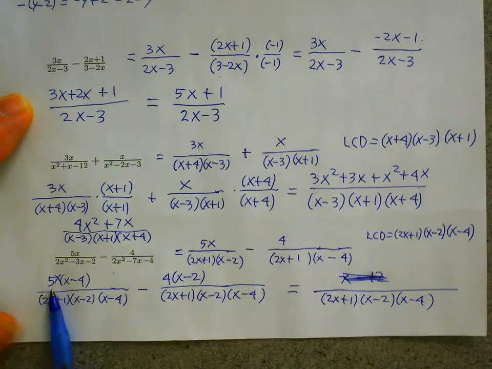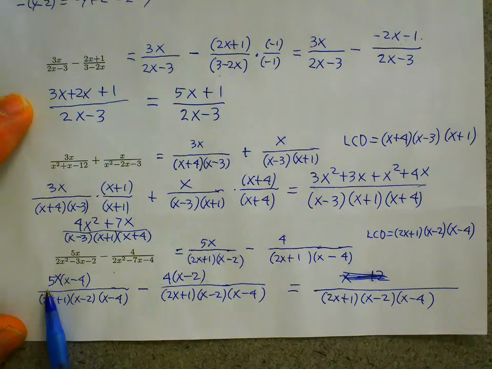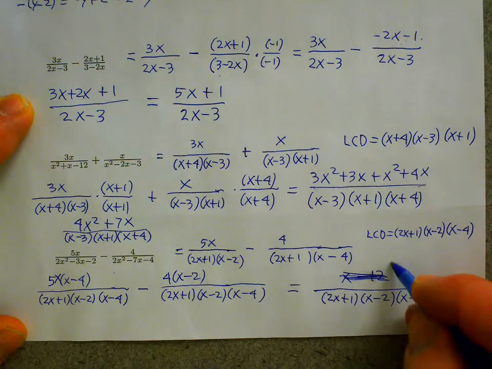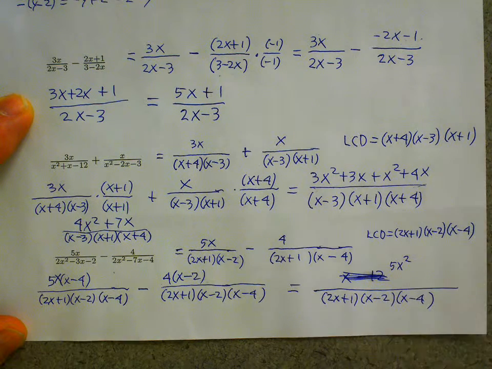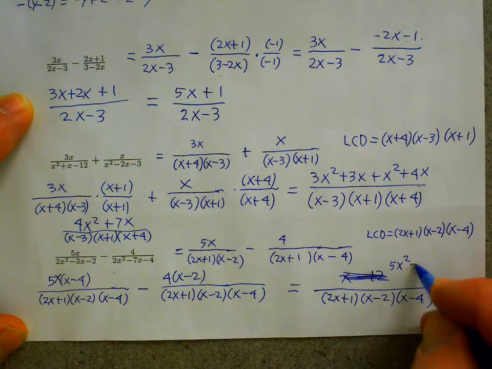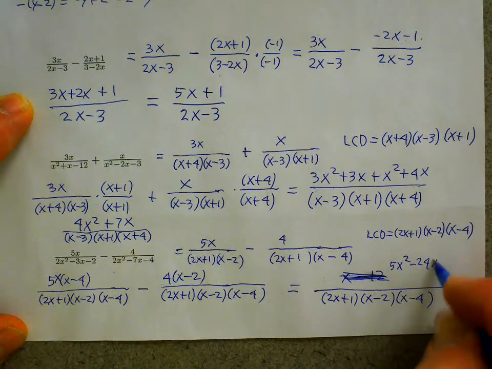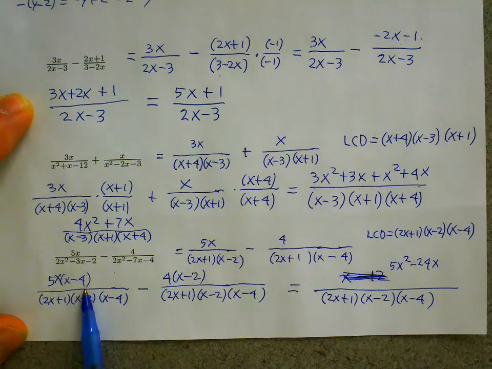Okay, so that means we have 5x times x, which is 5x squared, minus 20x minus 4x is minus 24x. And then minus negative 8 is plus 8.